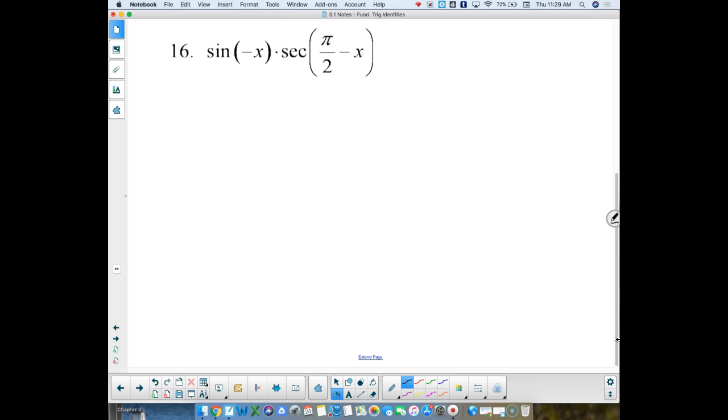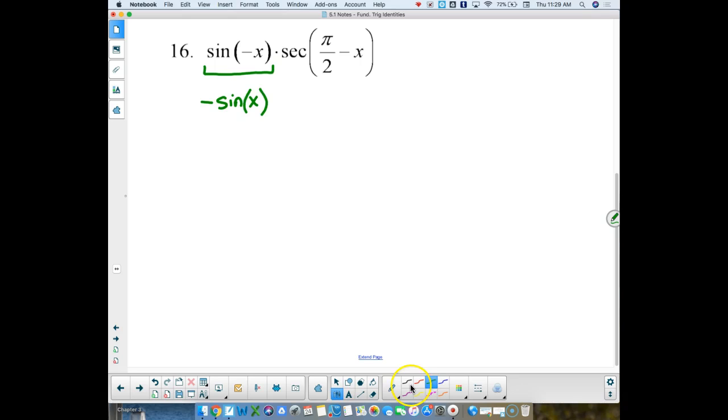But let's make it be pretty. So the sine of negative x is really just what? Negative sine of x. That's number 2 on our unit circle sheet.